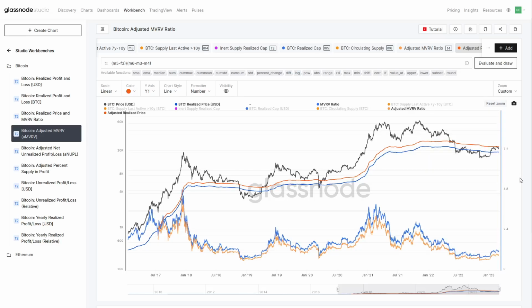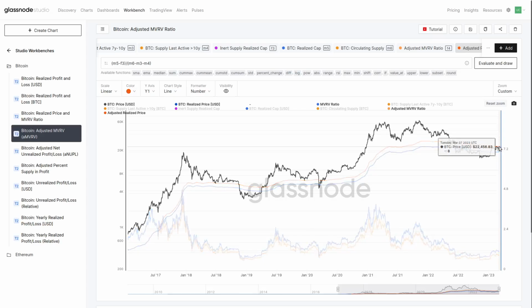Now, we often talk about the realized price as the average acquisition price of the market, and that's true, but only if we consider Satoshi and all those lost coins as active participants. If we choose to exclude those as active participants, then a more accurate representation, assuming that 7-year-old coins are lost, that's a simple heuristic, that's our assumption, then we are actually retesting the real realized price.